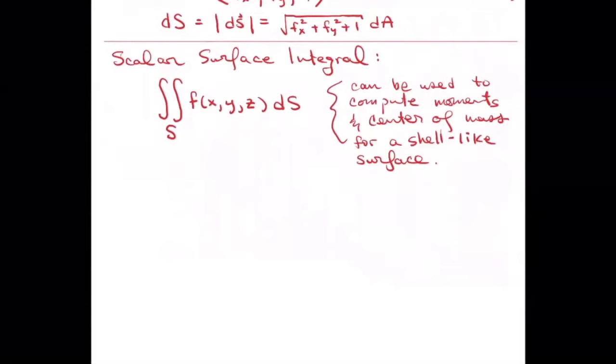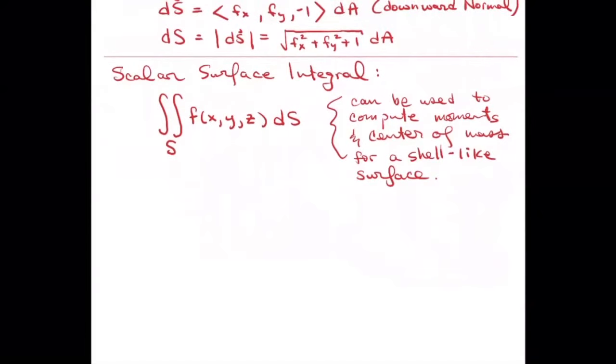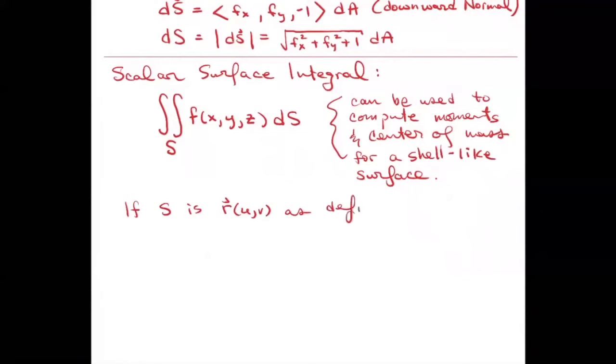Let me see what I've got here for examples. I guess we should just lay out what this represents. So if S is r of u, v as defined above, this is just all about substitutions.